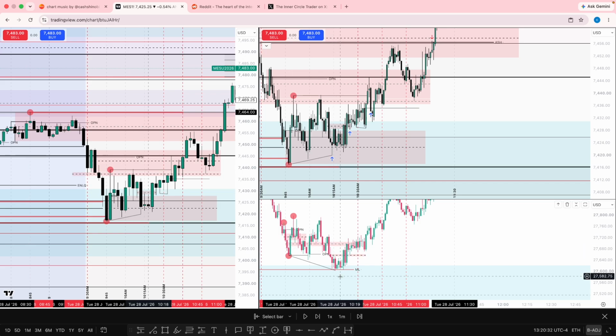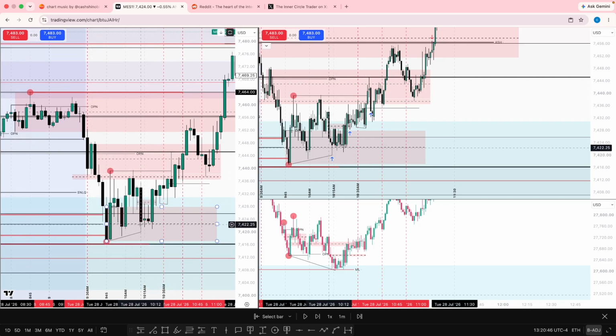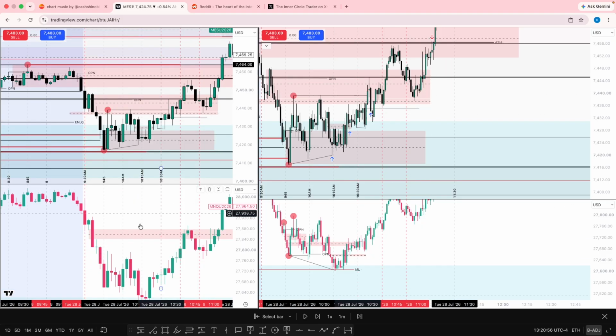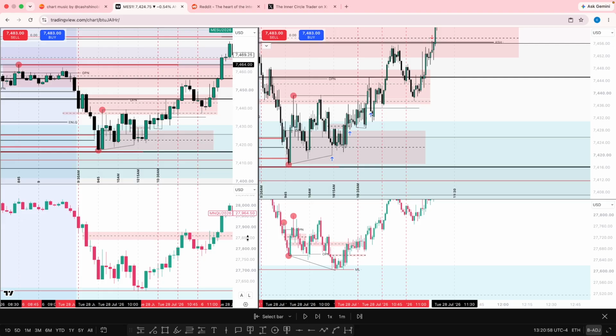Waiting for this time right here, 10:15, and waiting for this market structure shift. So from 10:15 right here, once this shifts right here, this is right here. So I'm gonna double this up right here and look at it from here.